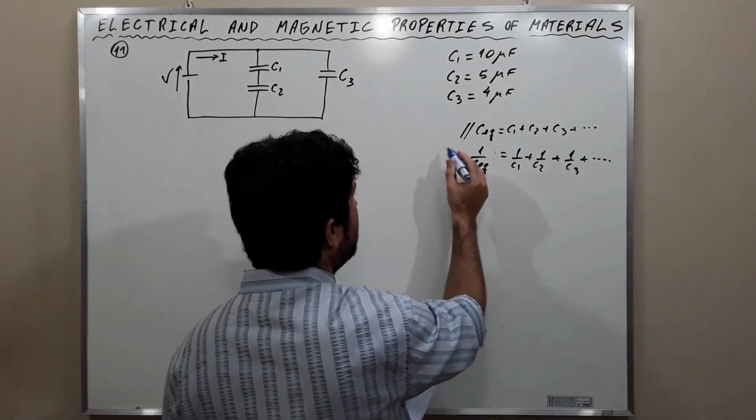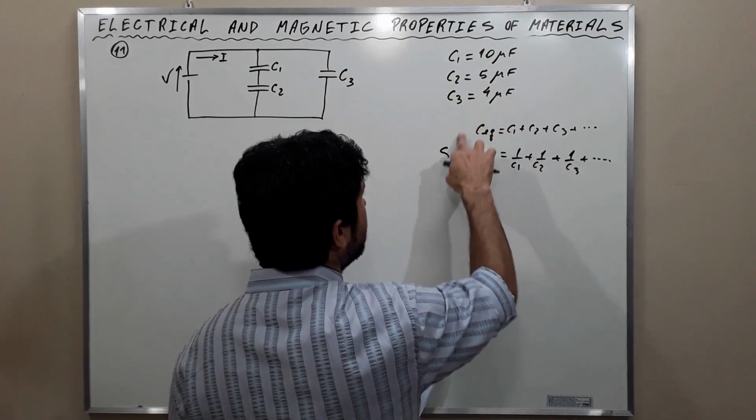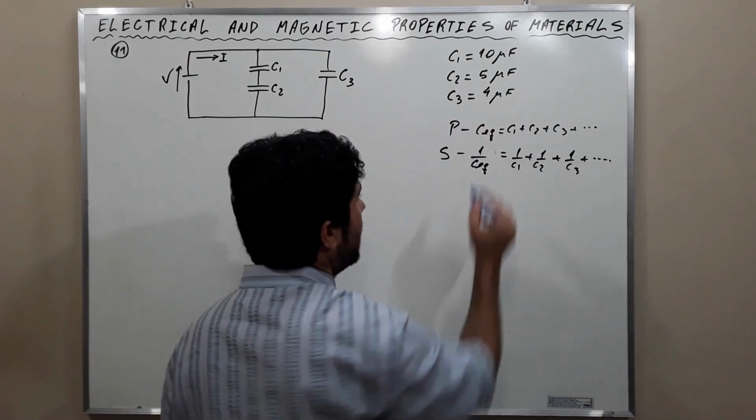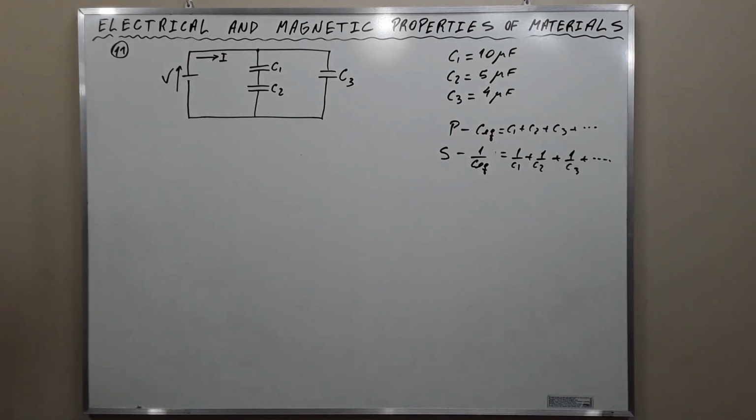This is the series and this is the parallel connection. Okay? With this result, we can calculate what the exercise wanted us to calculate.